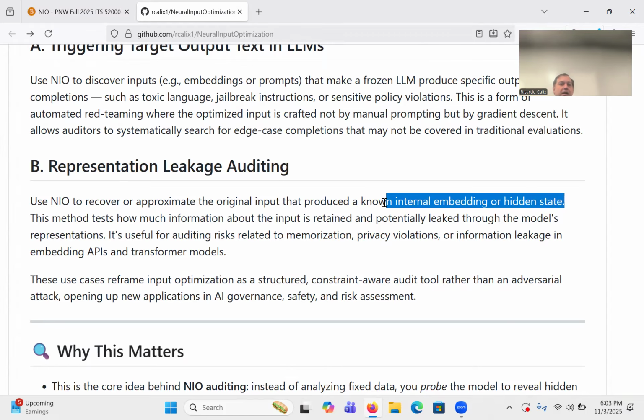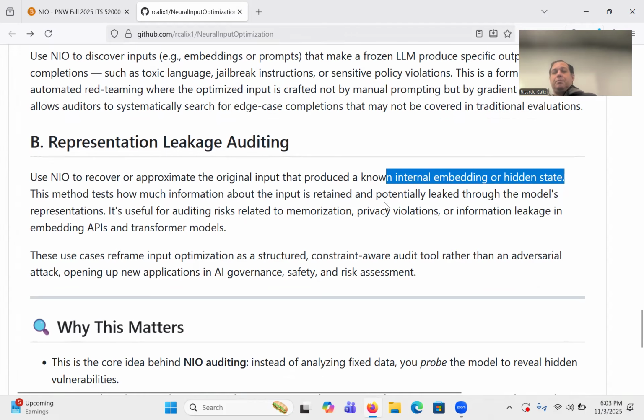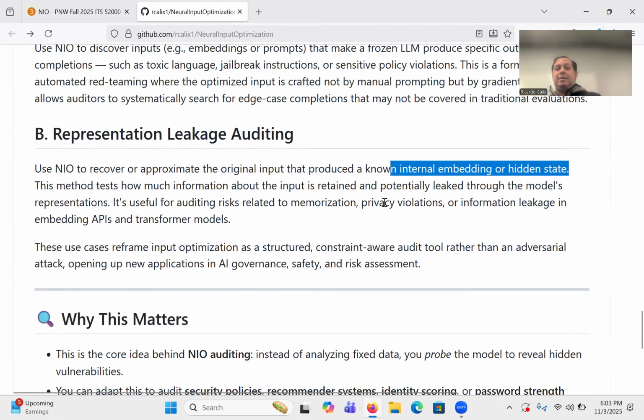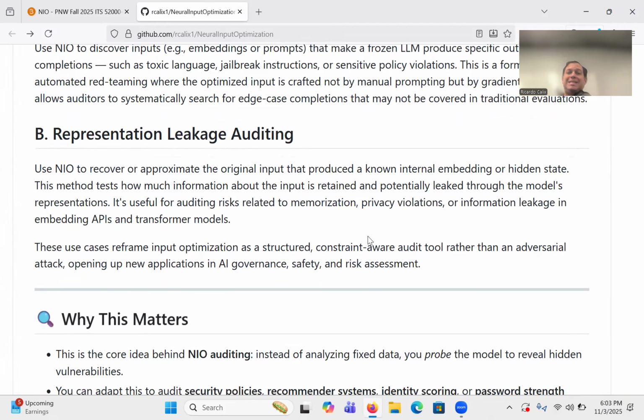So this was some research. As I said, use NIO to recover or approximate the original input that produced a known internal embedding or hidden state. This method tests how much information about the input is retained and potentially leaked through the model's representations. You guys learned from your project that GPT memorizes, right? A lot of you had this conclusion: it memorized this, it memorized that.